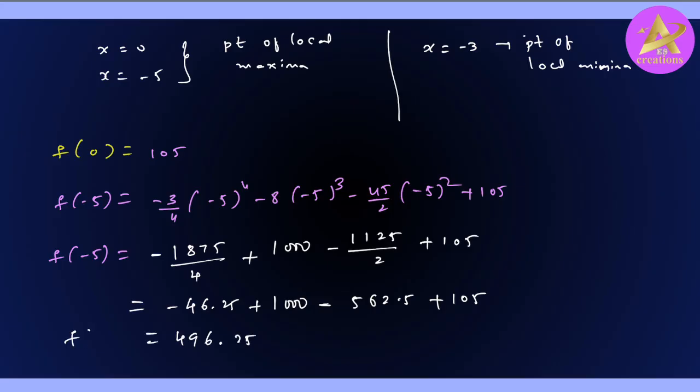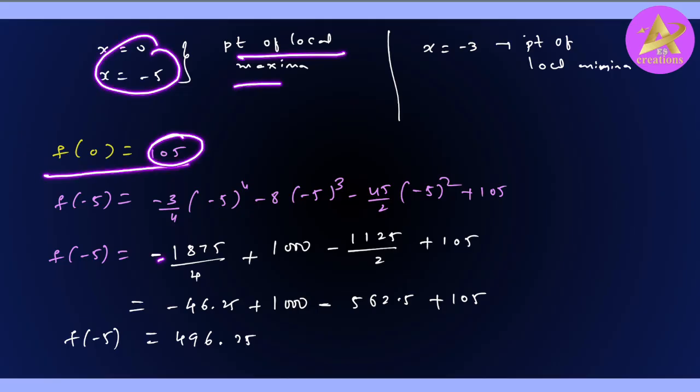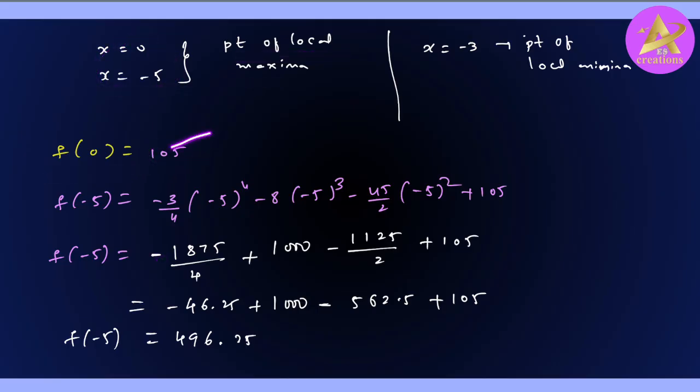We get f of minus 5 = 496.25. Among all these points, these 2 points are points of local maxima. From these 2 points we got the values 105 and 196.25.